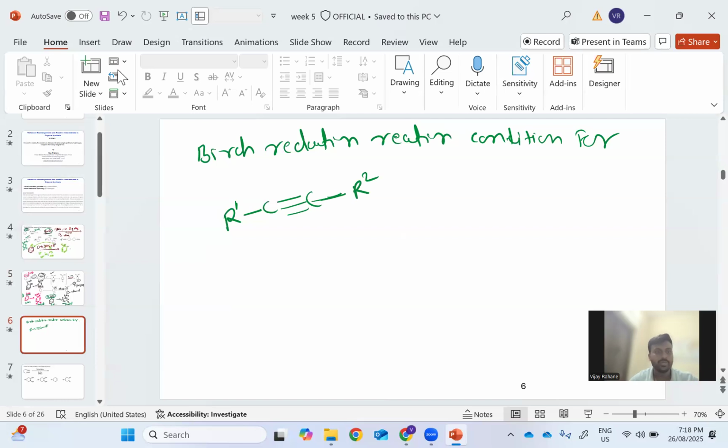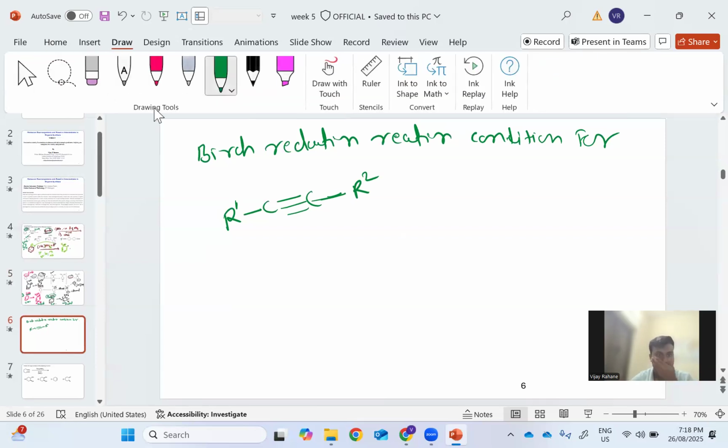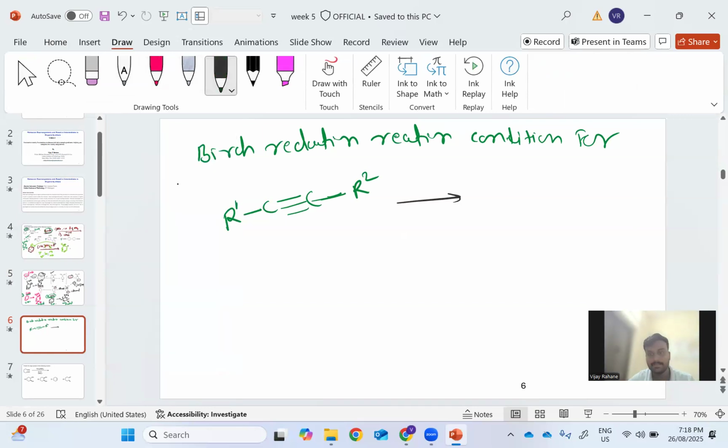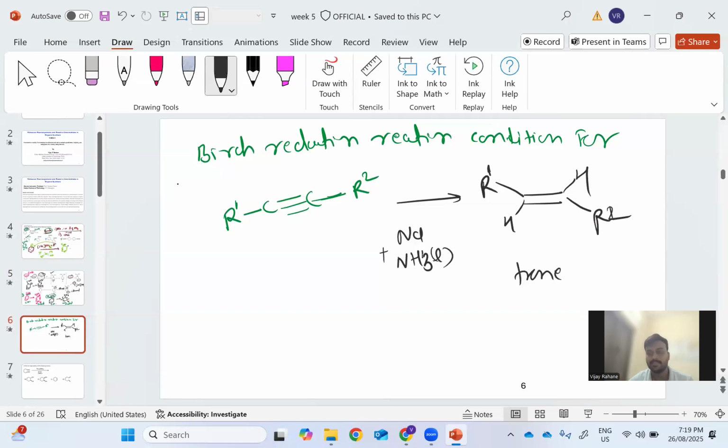If you want this product, this is R2, this is R1, and the incoming new protons. So you can use the same reaction condition, sodium in NH3, and you get the trans alkene, and this was the alkyne.